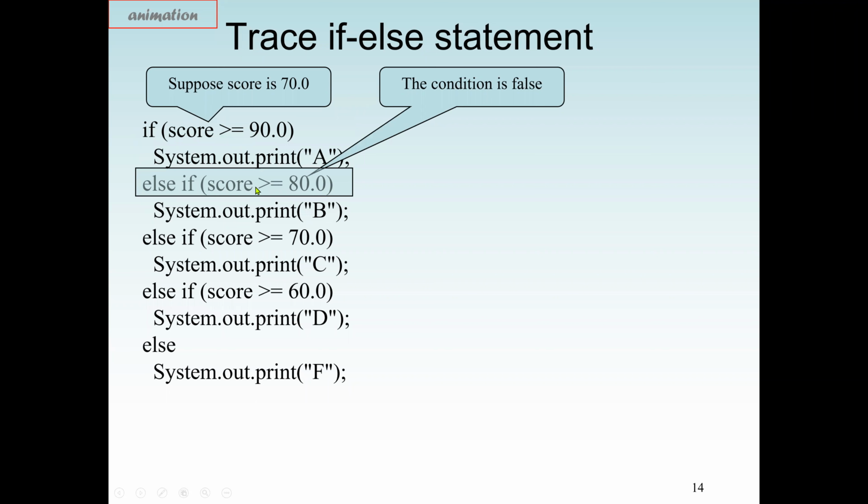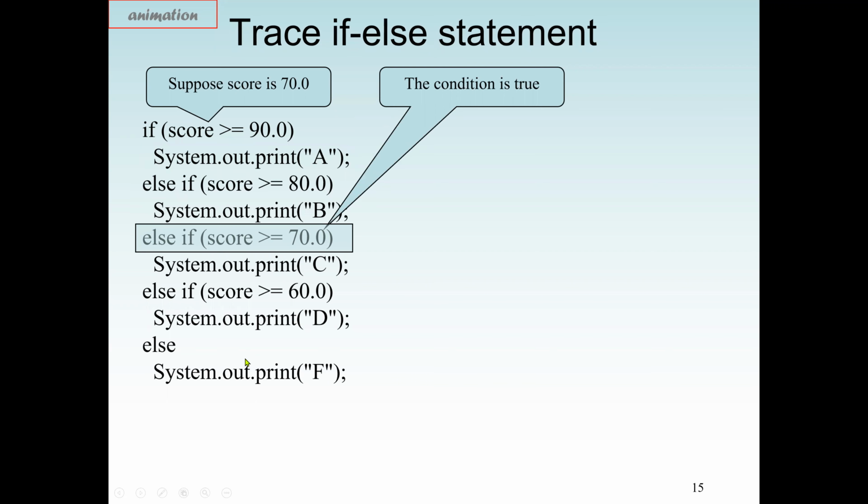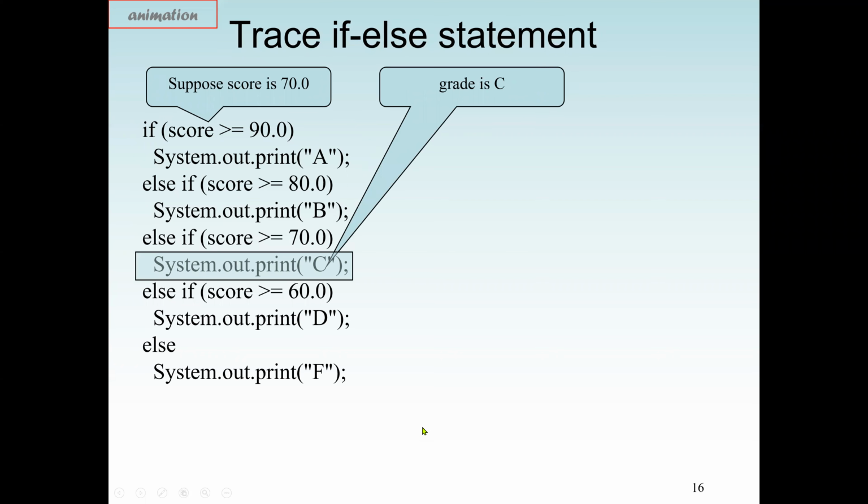Now the condition is false, so now we check it. If 70 is greater than or equal to 80, the same thing, false. So we move to 70. Is 70 greater than or equal to 70? Yes, it's equal to 70. So this is true. So from here, we're going to print out System.out.print C. That's it. We are not going to check the rest anymore.